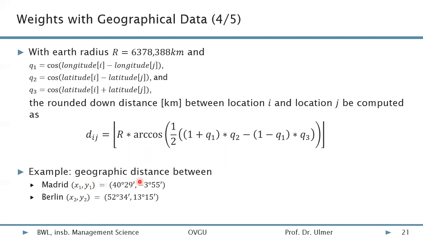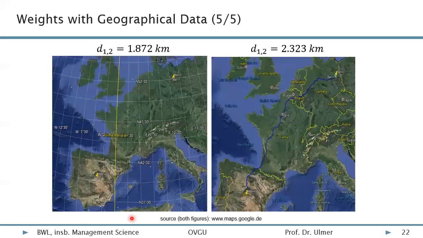So you see longitude and latitude for the two. The Euclidean calculation is not really possible here. If we go directly from one to the other with this great circle, it's about 1,800 kilometers, and it would look a little bit like this.